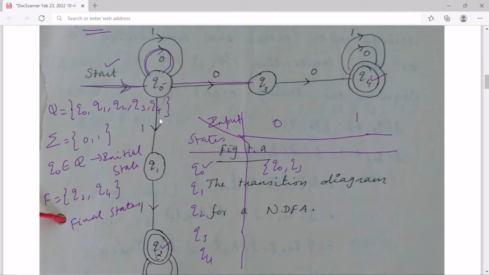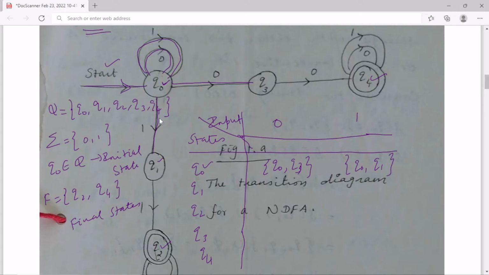Next, for reading 1, in Q0, if you read 1, what happens? You can be at the same state Q0 or you can move on to the next state Q1. So there are 2 different possibilities.